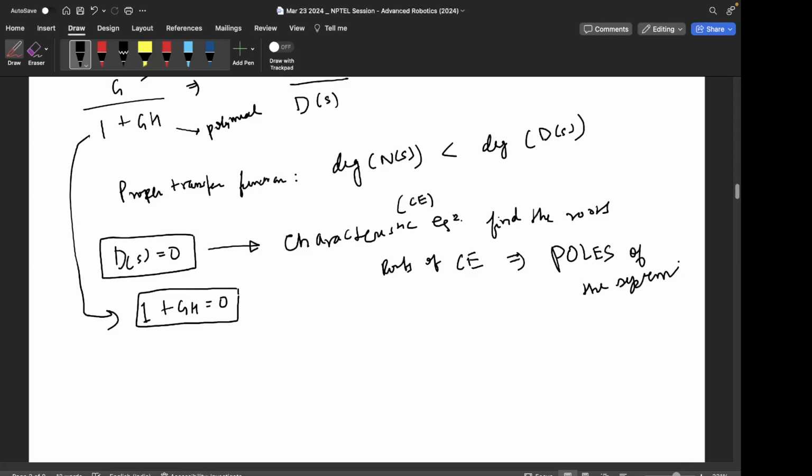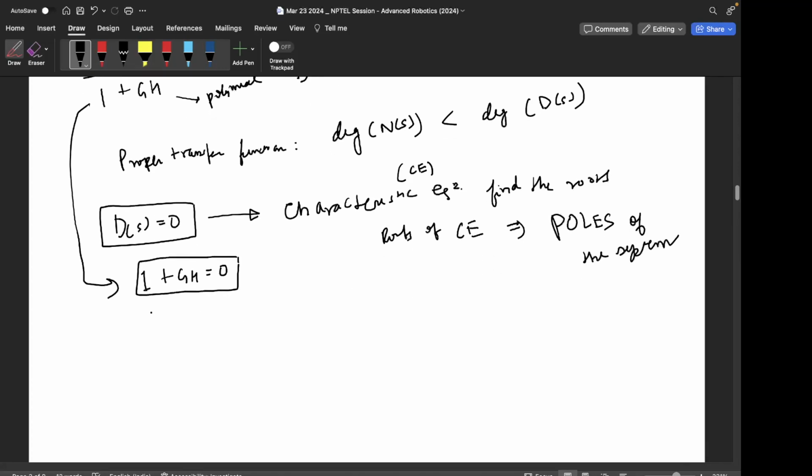Okay. And setting the numerator equal to 0 will give roots, and they are called zeros of the system, because at those values of s the response will be 0.